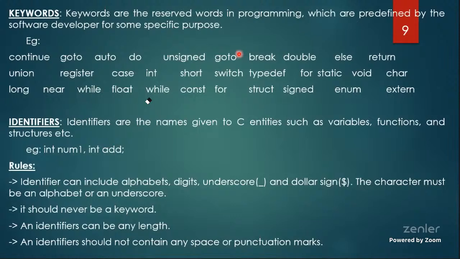Otherwise, the computer has to understand all these instructions whatever you are going to give. So this is the purpose of using these keywords. We have reserved them for a specific purpose. Got it? It's clear?